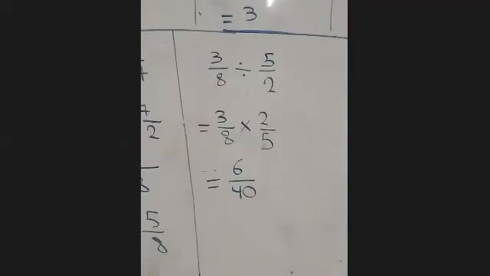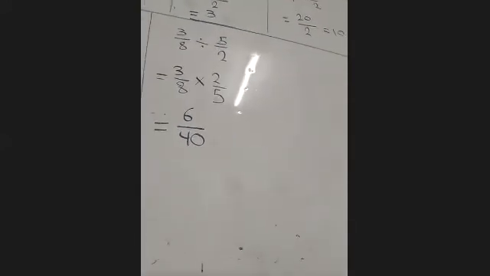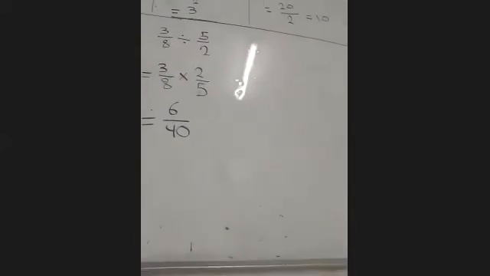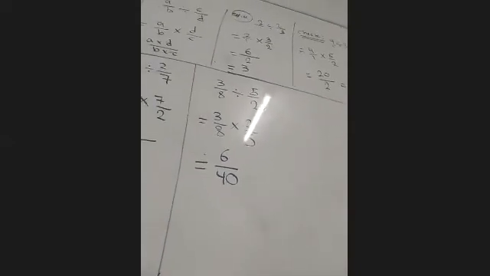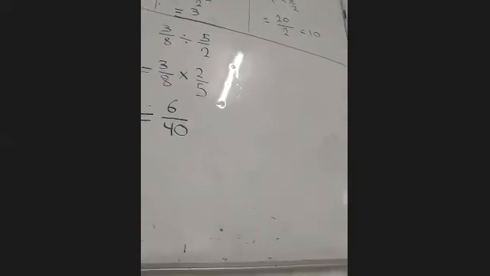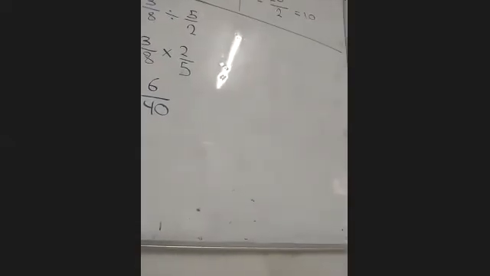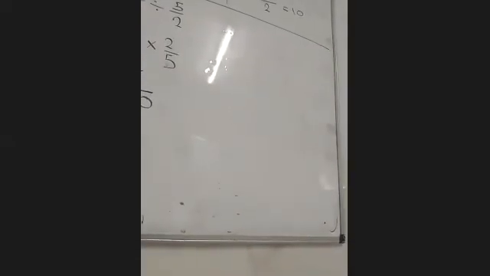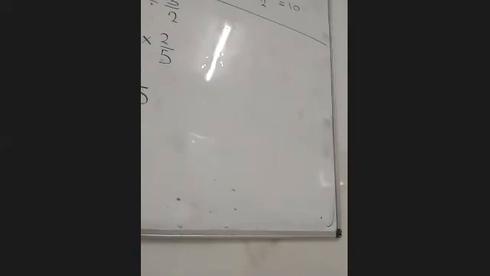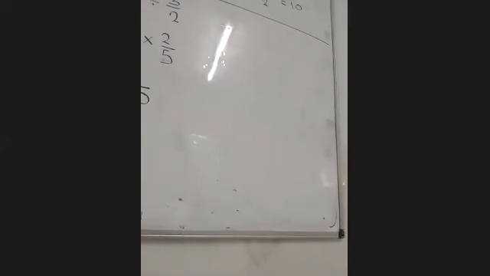So in this case, what will we do? We did it in grade 5, if you remember. I don't remember. You don't remember? Who can help me, guys? What can we do to simplify this answer?